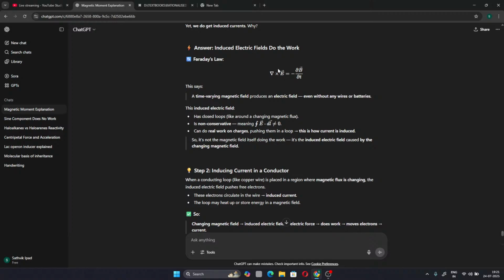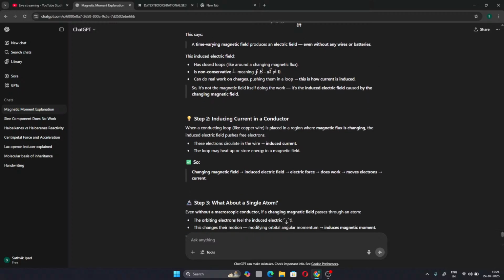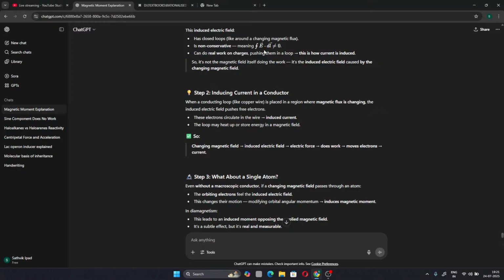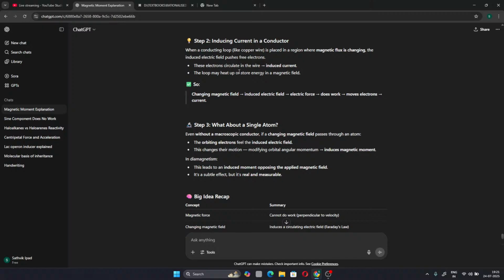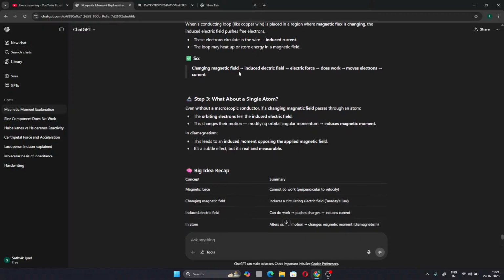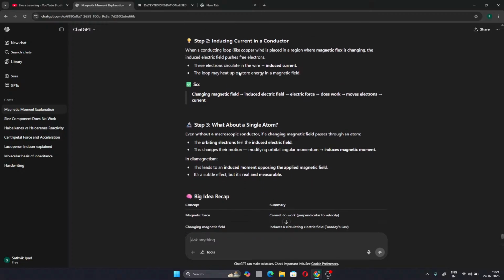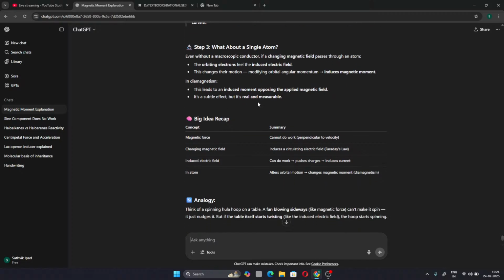It is saying that Faraday's law, but if a changing magnetic field passes through an atom, the orbiting electrons feel the induced electric field.